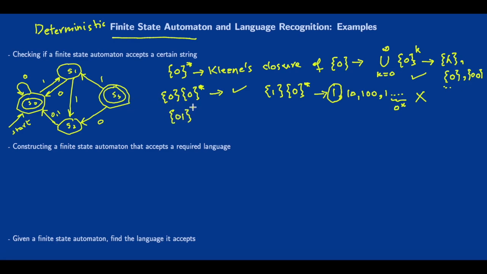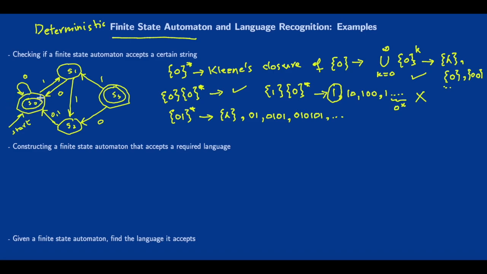0 1 star. So this is again, of course, the empty string, and then 0 1, then 0 1 0 1, and 0 1 0 1 0 1. So all the strings which have 0 1 concatenated by itself. So is this accepted or not? Note that this ending state should have a 0 to reach.